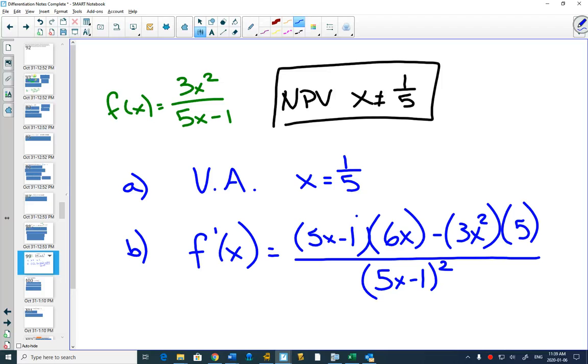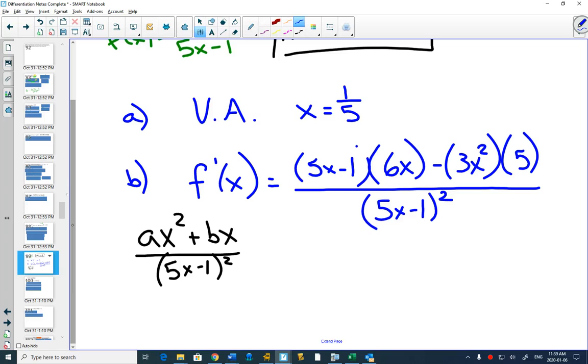And then the question says, can you write this in this form? Well, here they're saying another way to simplify the equation. Because right now, my denominator matches up, so I know that that's right. What do I need to do? I'm just going to need to simplify my numerator.